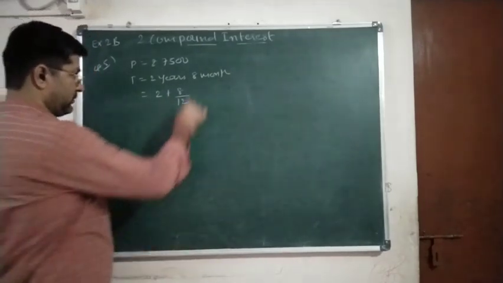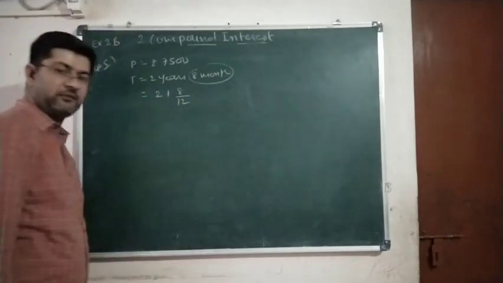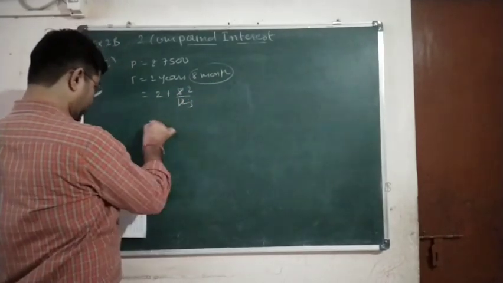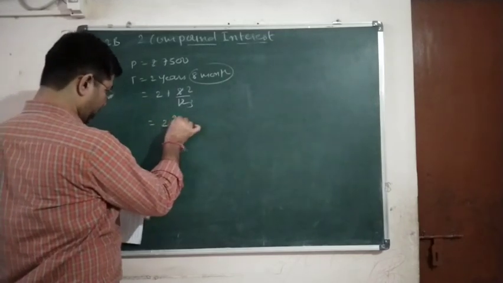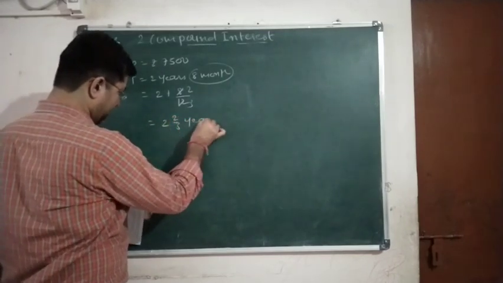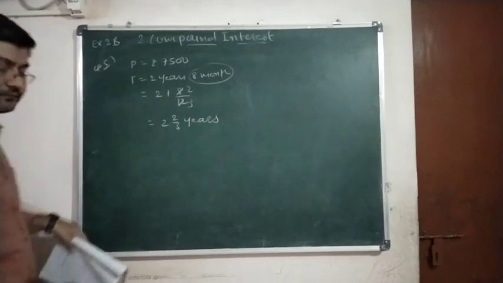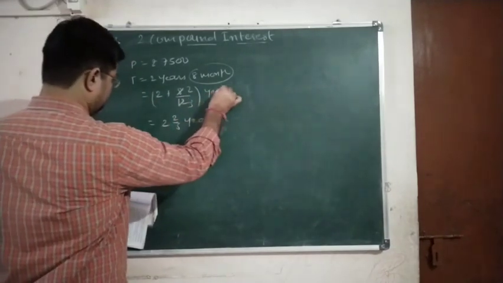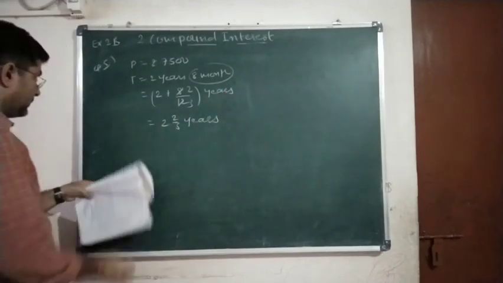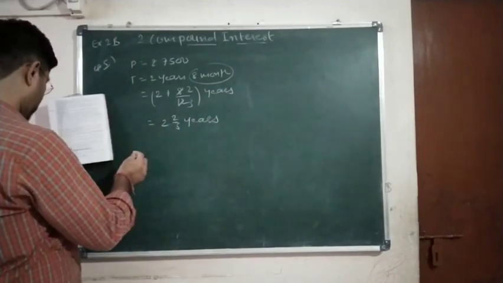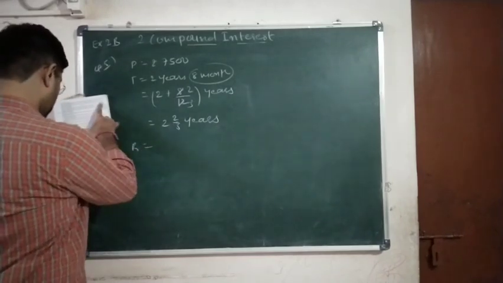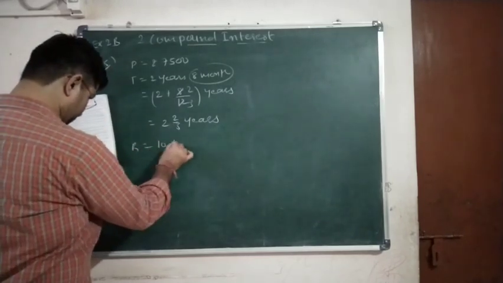If you want to convert months into year, we will divide by 12. Now 4 2s are 8, 4 3s are 12, so you got the fraction to be 2 and 2 upon 3 years. Clear? Yes or no? So we got the time. Now rate of interest is given to be 10% per annum.